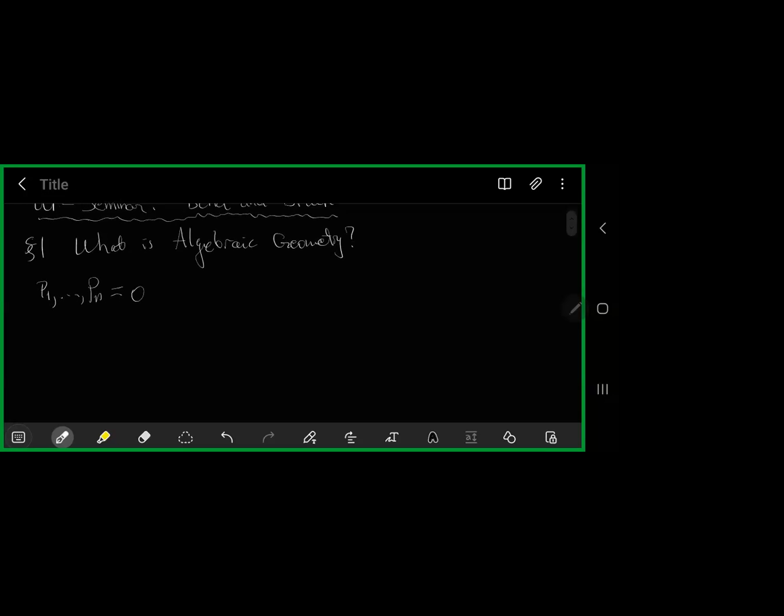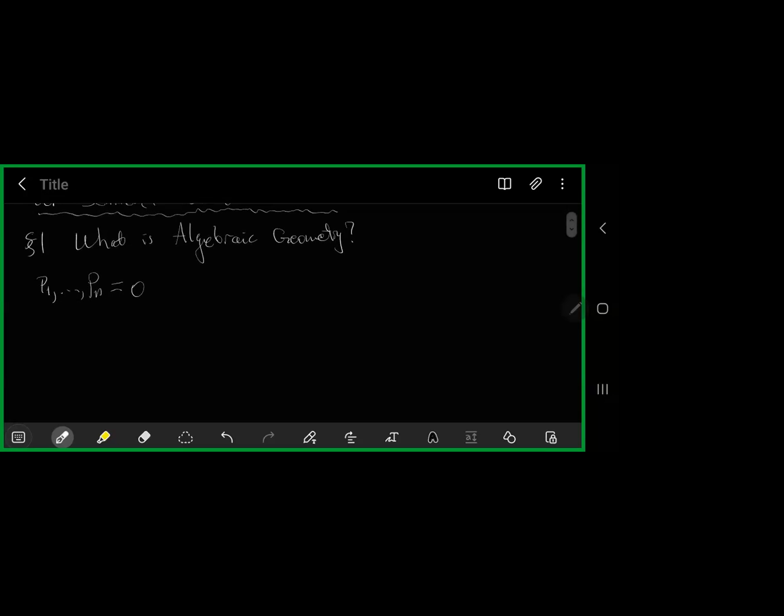Those polynomials, I can either look at them algebraically as equations or think of the space that they cut out. So in a way, I can see algebraic geometry as a way to move information between algebra and geometry.